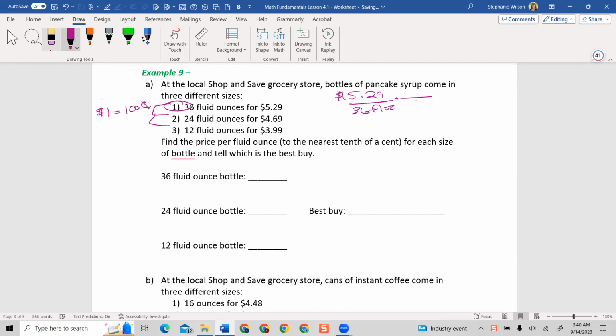It's 100 cents. So in the place of that dollar sign, I'm going to put 100 cents, and I'm going to multiply it by that $5.29, and it's going to be divided by $1 times that 36 fluid ounces.